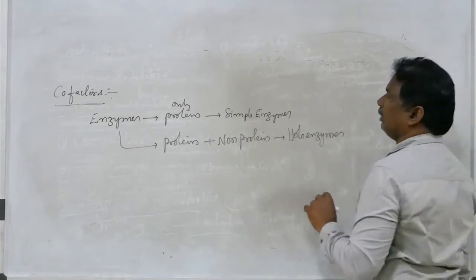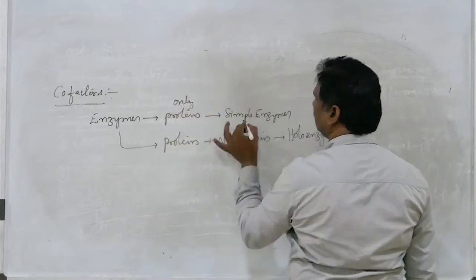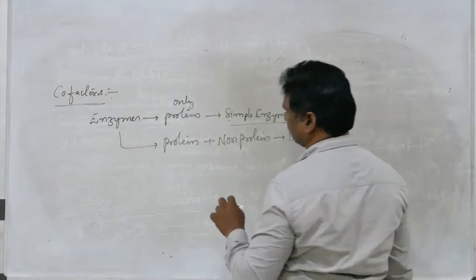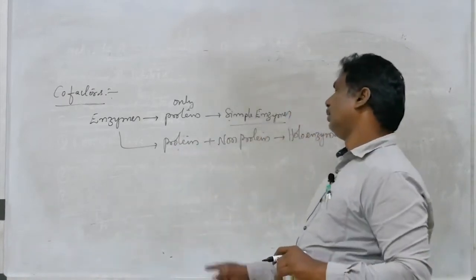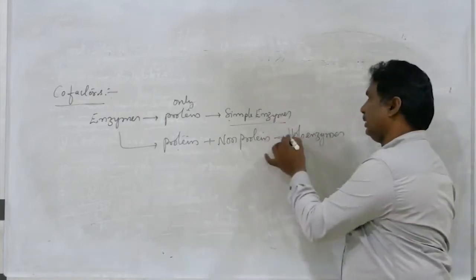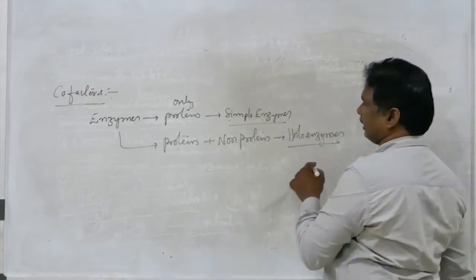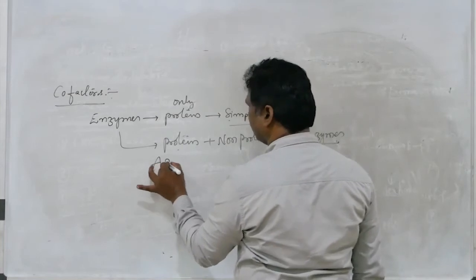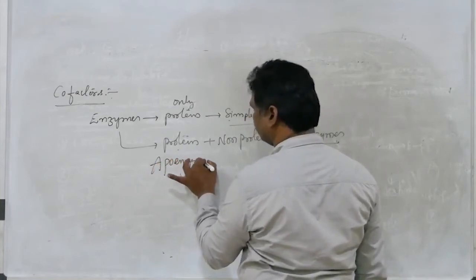The proteinous part of the holoenzyme is called apoenzyme.